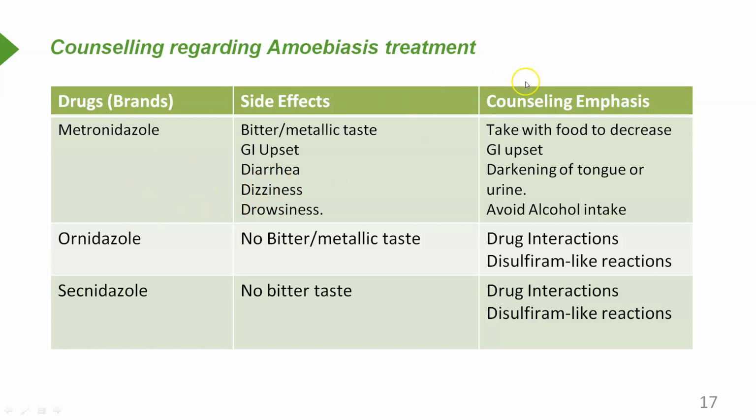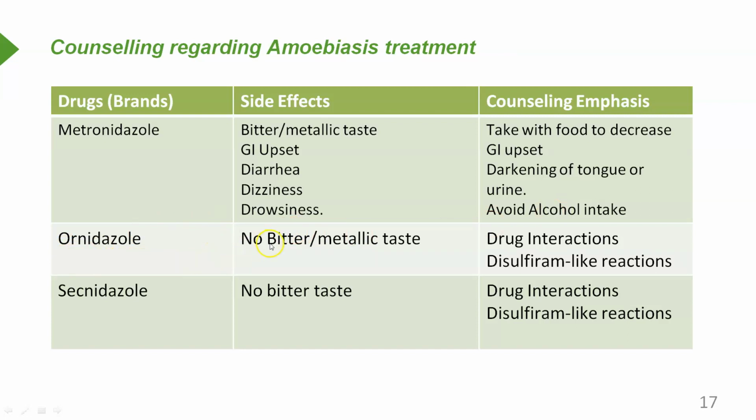The counseling emphasis from the community pharmacist would be to take with food to decrease GI upset. This drug may cause darkening of tongue or urine, and you should tell the patient to avoid alcohol consumption. Second drug, ornidazole.